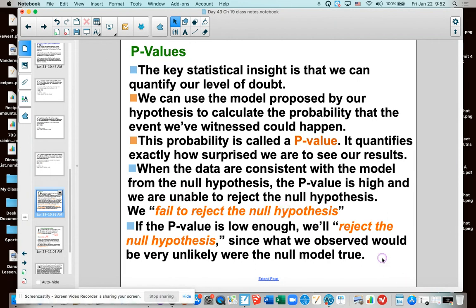If you do reject it, then you're going to say, I do have evidence to suggest that your claim is wrong. Now, that doesn't mean they're liars. In statistics, you don't call them liars. You're not 100% sure, right? You're never going to know the real truth, but you have evidence to suggest. So either you don't have evidence to reject it, or you do have evidence to reject it, all right? So we kind of talk in those terms of evidence.